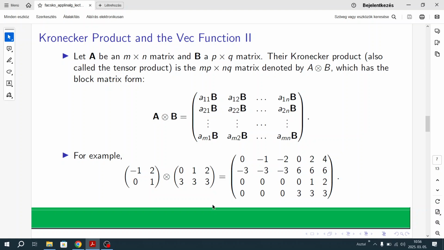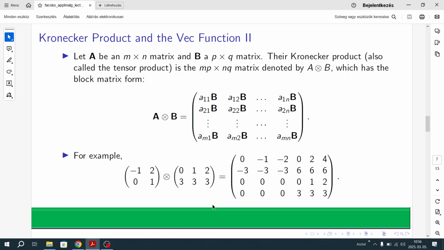Now something new. Two matrices could have the so-called Kronecker product. Well, only a name, like the Kronecker delta.